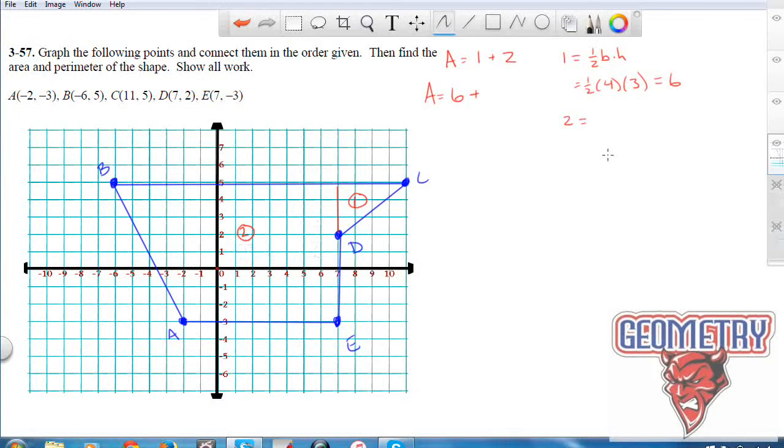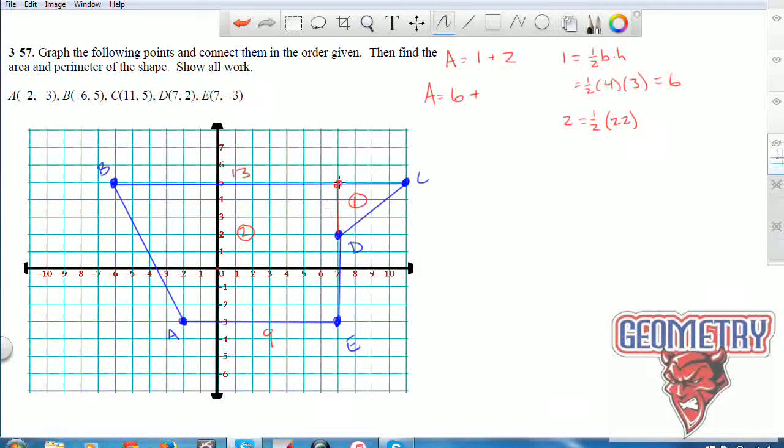Portion 2 is a trapezoid, so it's going to be 1/2 the sum of the bases. So let's count this out. Let's see, that's 7, and this is -6, so that's a total of 13. And here we're going from -2 to 7, so that's a total of 9. So 9 plus 13 is 22.